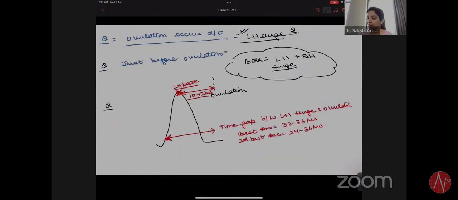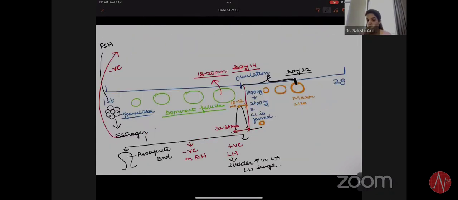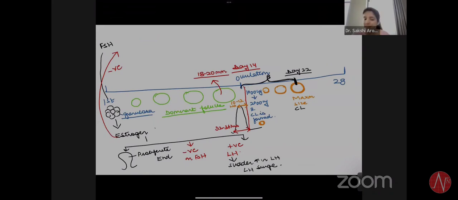So now go back to your diagram and let the corpus luteum, which has reached maximum size, release progesterone. So now corpus luteum has formed progesterone. What will this progesterone do? This progesterone will have two functions.